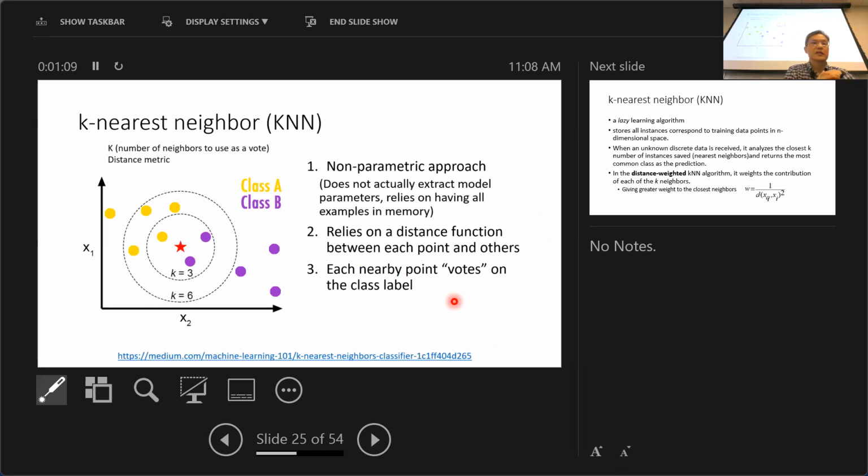Next is a very simple method, which is called k-nearest neighbor. Yeah. Am I not recording? Recording. I think I still keep this recording on. Yeah, I'm recording this.